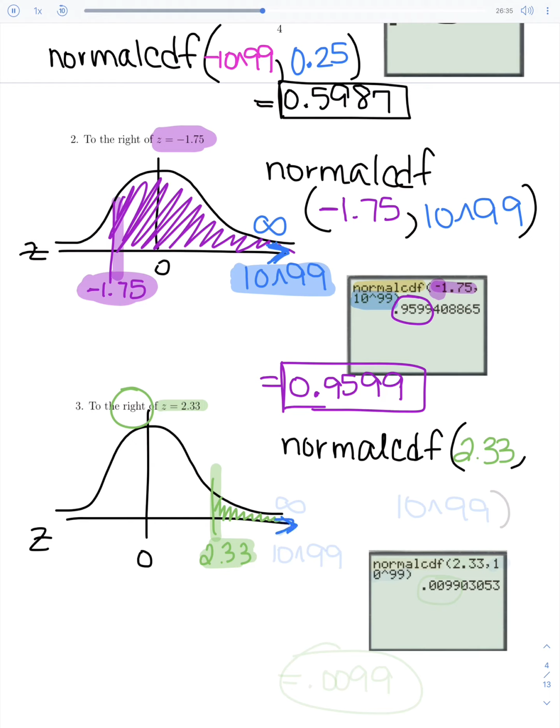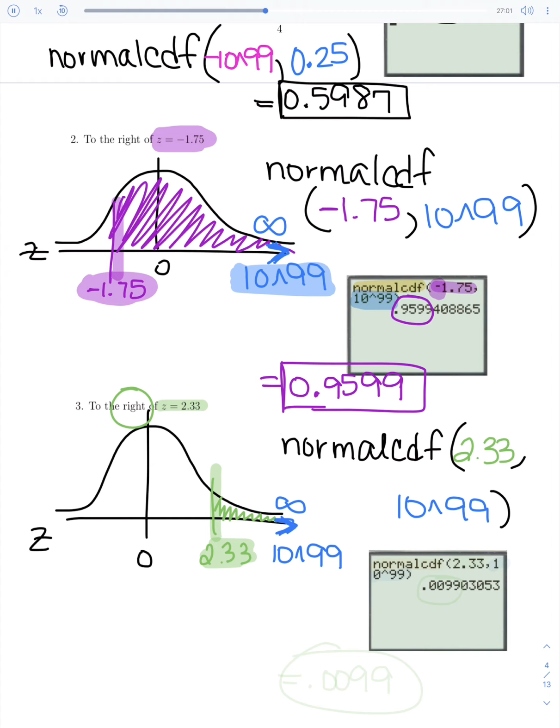It's going to keep on going forever towards infinity. So if it's going towards a positive infinity, we're going to use a positive value. We use our 10 to the 99th we've been using, but we'll use the positive 10 to the 99th. So after our 2.33, our comma, and then we're going to keep on going forever, so we'll use a positive 10 to the 99th, and then we'll close off our normal CDF.